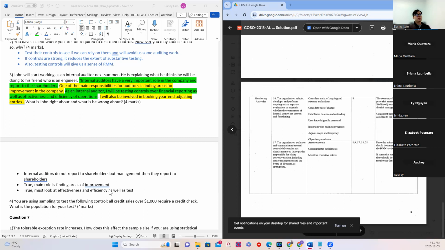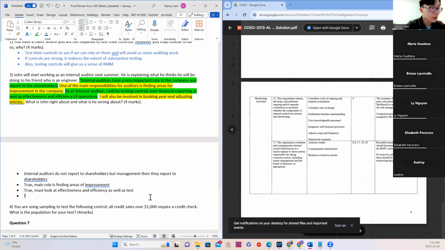So that's why this is not the internal auditor's job, but more the management's. Are we good with that, or are we still confused? Makes sense to me. Thank you. Makes sense? Perfect. Excellent.